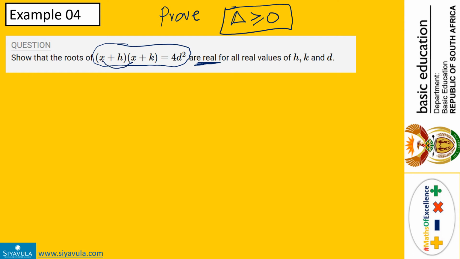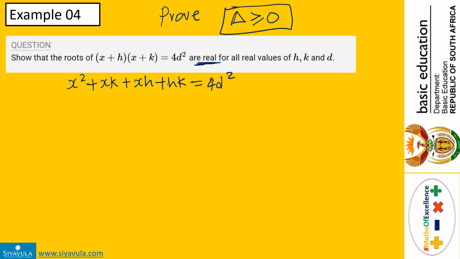We take x times x, which gives x²; x times k gives xk; h times x gives xh; plus h times k gives hk. So I just removed the brackets and expanded that expression, being equated to 4d², right?